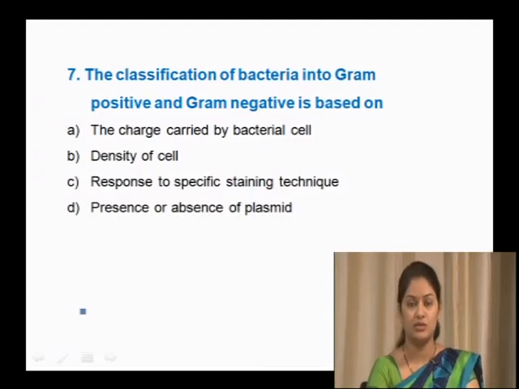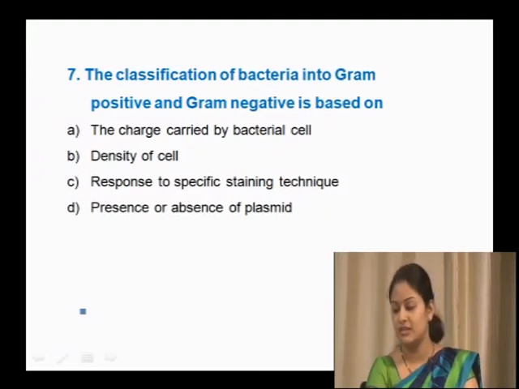This technique uses crystal violet dye, which will color the outer layer of the bacterial cell. Further, depending on the amount of phospholipids as well as certain components of peptidoglycan, you can consider the difference in the colors.